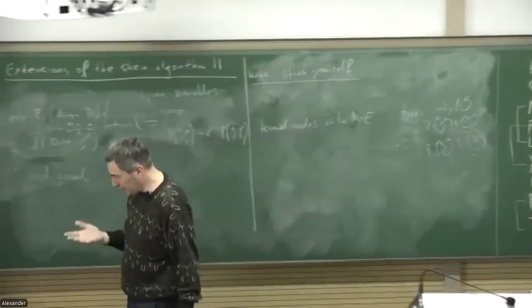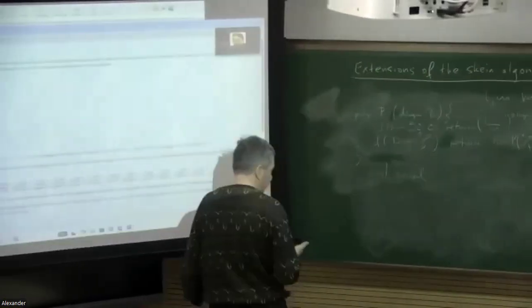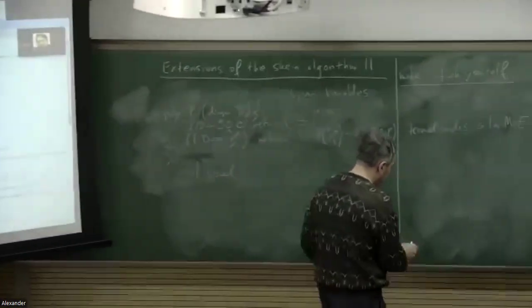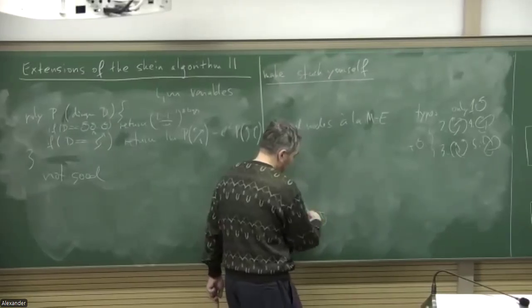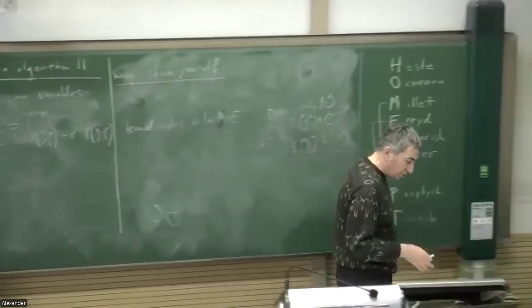And how do you count the contribution of a terminal? Whenever you arrive in such a node, what do you need to count?